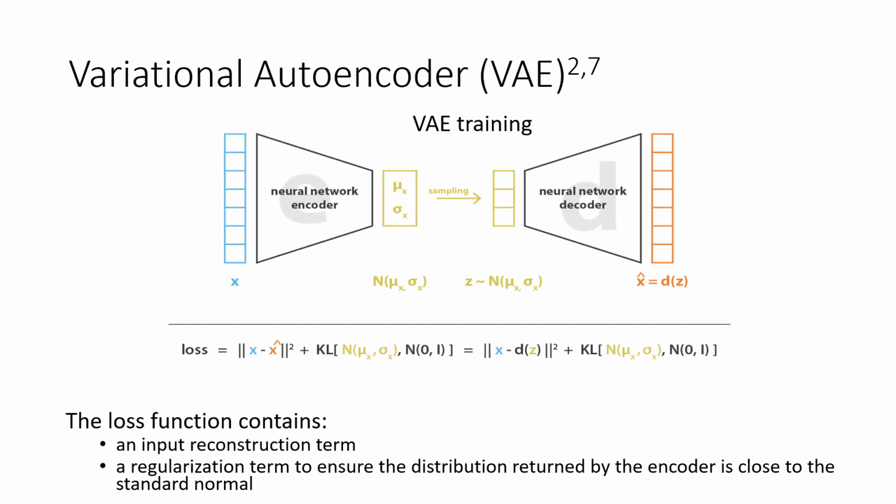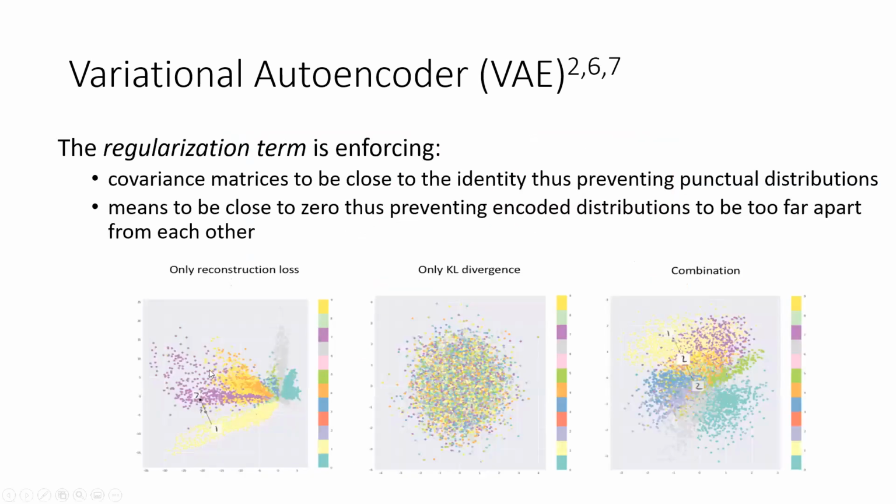I'll give an example. This one is an example in a particular problem where we want to learn images of numbers, simple images of numbers from 1 to 9.